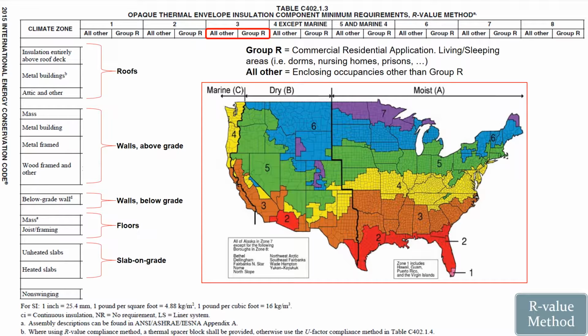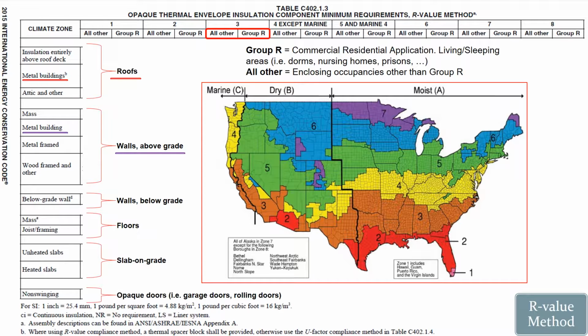Although metal buildings can be used for any and all building applications, oftentimes we're more outside of this Group R category, and so we'll focus in on the all other column. So this includes all other occupancies other than Group R.